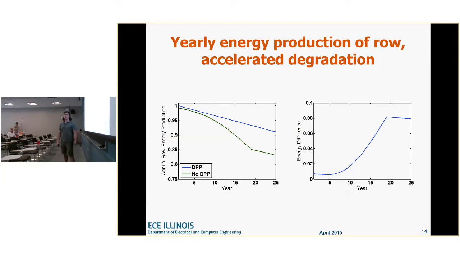From year 19 on, that panel isn't even producing power anymore, because the array can do better by bypassing that heavily mismatched cell. Although it could continue producing power at a much lower rate, we're losing all that power when we just have bypass diodes.